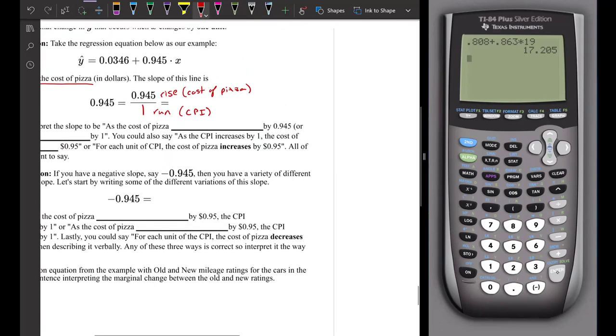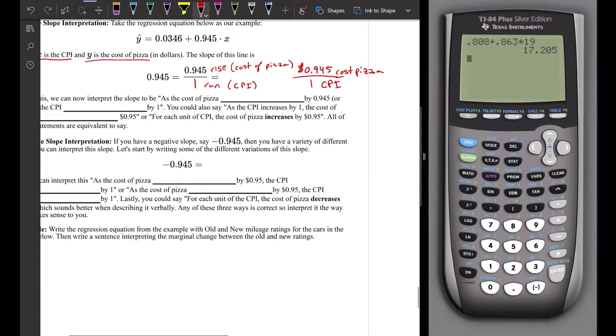So here's what you basically have. For each 0.945, or 95 cents, rise in pizza, your consumer price index will go up by 1 as well.